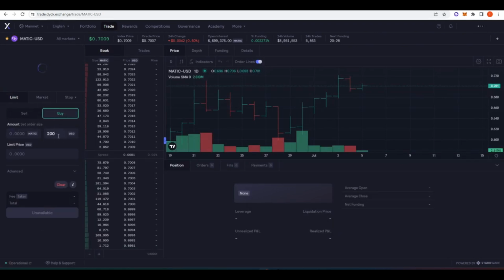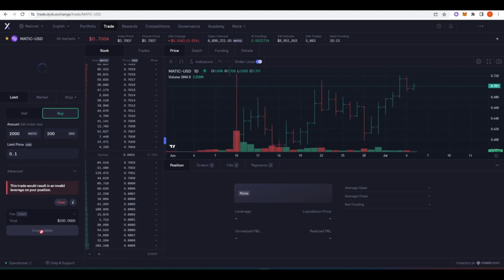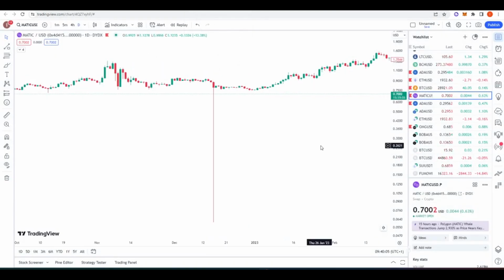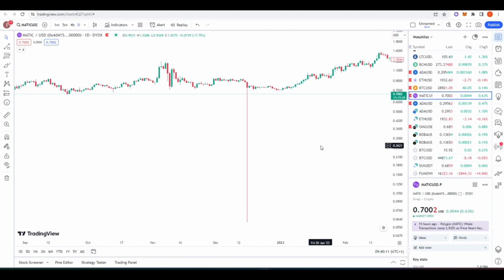Let's do like $200 and then put the limit price at 0.1. So I'm not logged in currently, but this is exactly how it would go, right? And then you just press long here, and that would put the limit order into the order book. And then all you'd have to do is just wait until that order was hit. So if that order hit, a mere $200 would have turned into approximately $1,300. So this really shows that you don't need a lot of money to start doing this strategy.